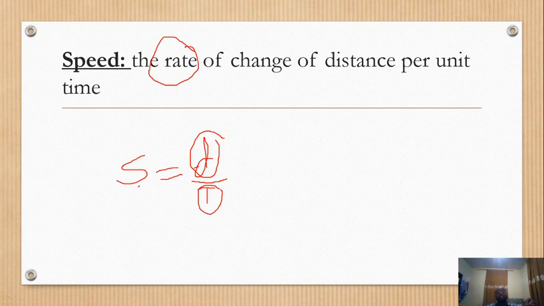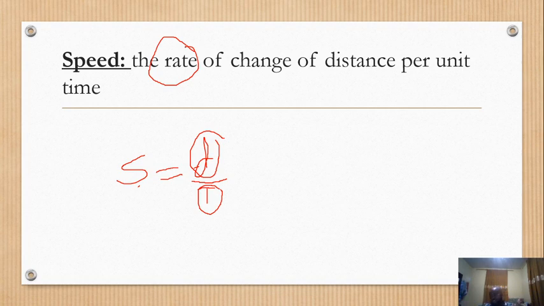So the rate of change of distance per unit time means how much time I will take to travel that given distance. For example, if I travel 200 kilometers in 10 hours, speed means: in a given 1 hour, how much distance did I cover?